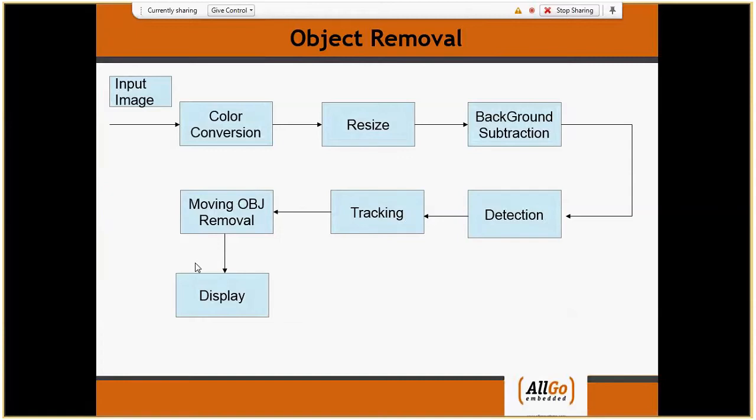We classify them as a background image and a foreground image, and we track the moving object so that we know which object has to be removed at which point of time. Finally we remove the moving object by replacing it from the background image into the foreground, so that the object gets removed. And finally we display it on the display.